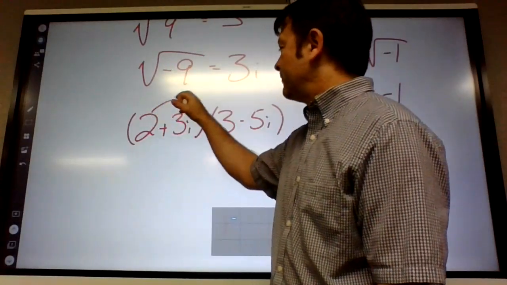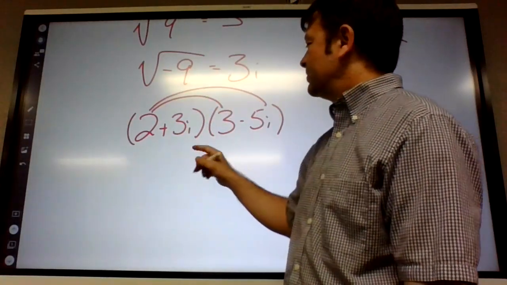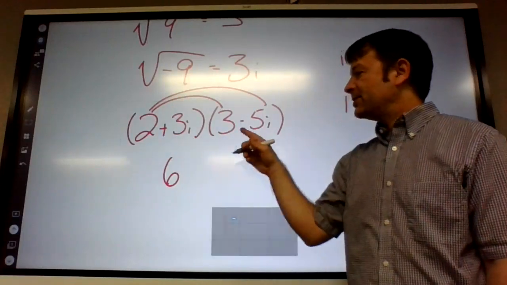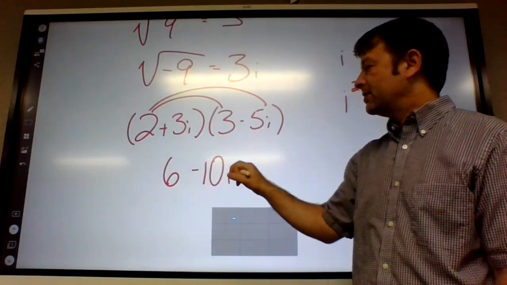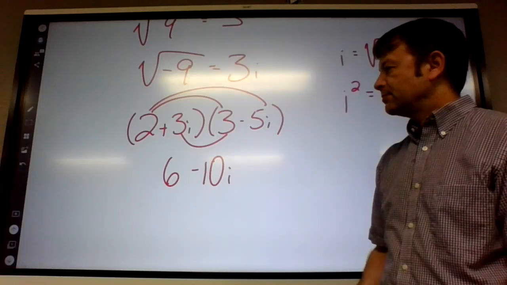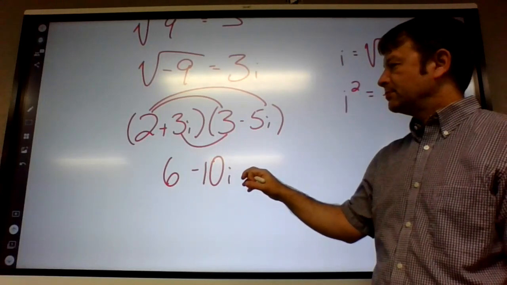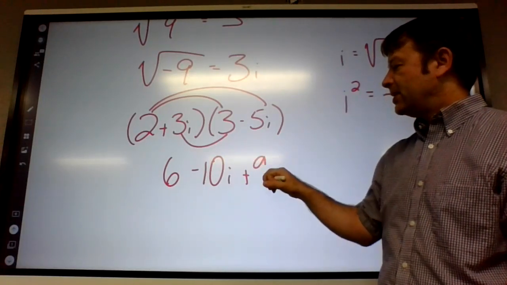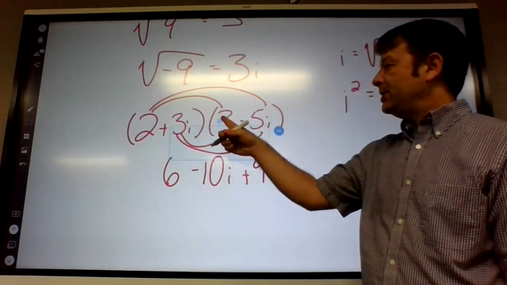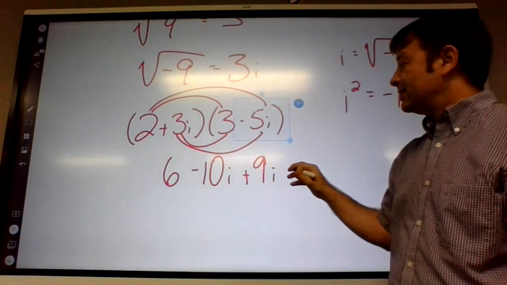So if I FOIL this, first is 6, outside is 2 times negative 5i, which is negative 10i. What would the inside be? 9i. Plus 9i. Okay, and then the last, 3 times negative 5i, negative 15i.